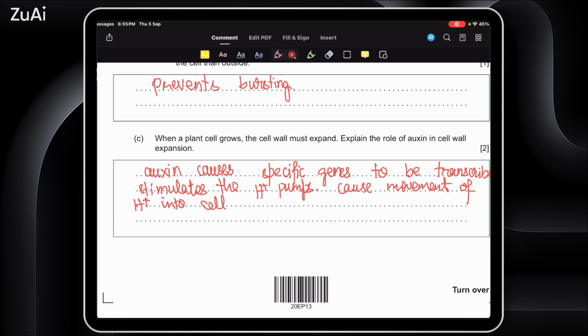Hydrogen ions make the pH low, and it breaks the connection between cellulose. That's the answer.